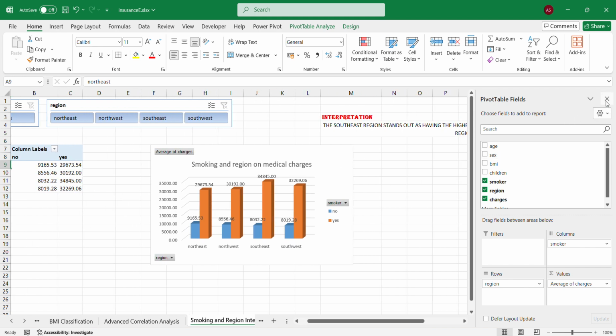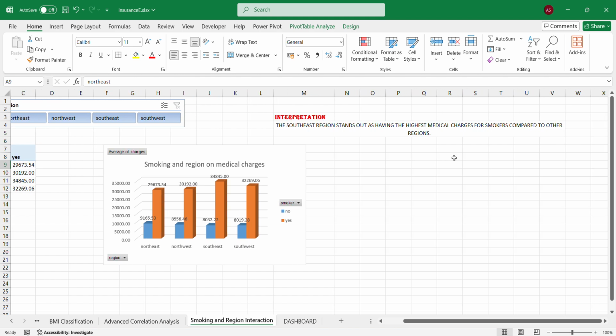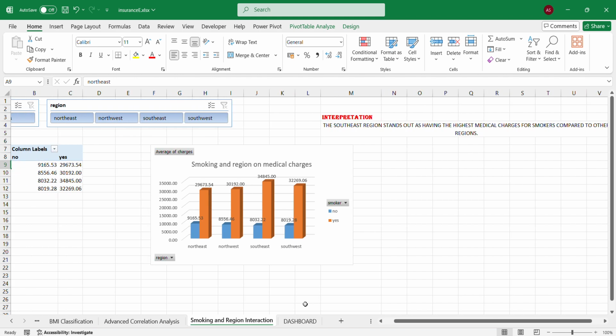The interpretation of this whole data is that the southeast region stands out as having the highest medical charges for smokers compared to the other regions.